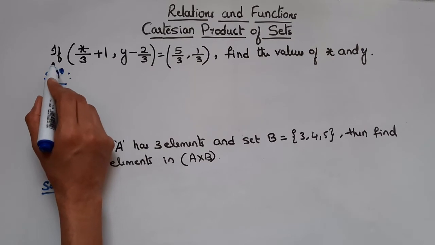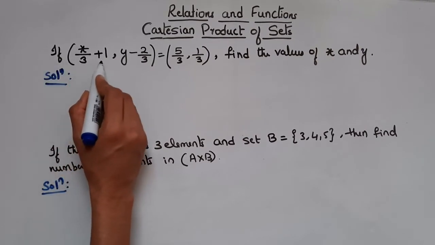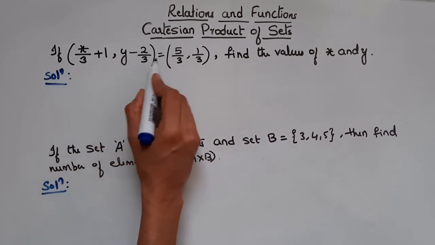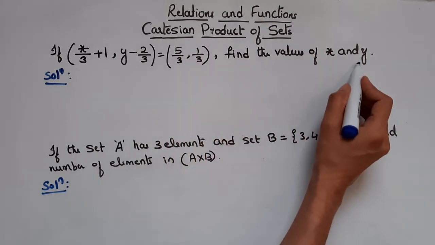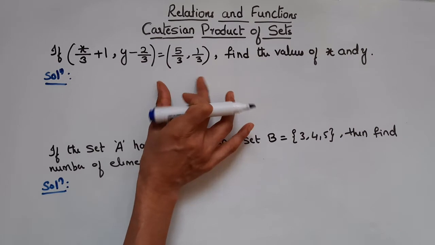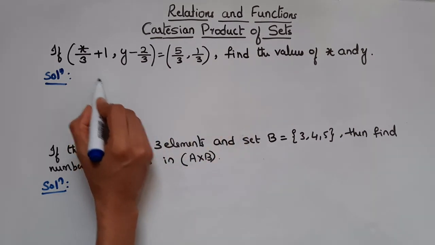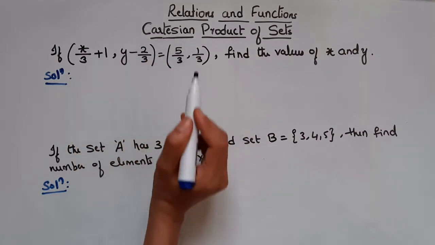Now let's see the first one. Here it says if x by 3 plus 1 comma y minus 2 by 3 is equal to 5 by 3 comma 1 by 3, find the values of x and y. We know these two ordered pairs are equal when the corresponding first elements are equal and the corresponding second elements are also equal, right?